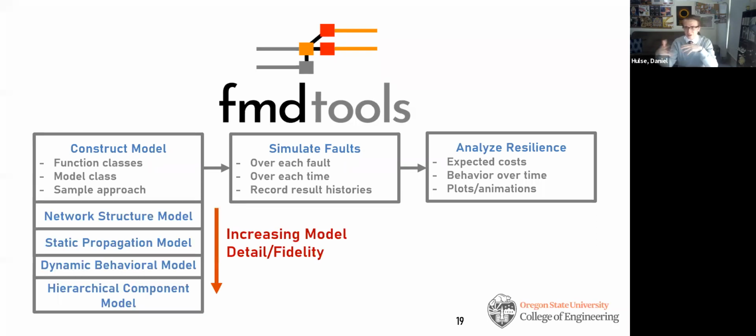One of the key features of this framework is that you can use different levels of design representation through the process, as they are appropriate. And so starting with a high level network structure all the way down to some hierarchical dynamic model of the system. And that lets you go through this early design process where the design may not be very detailed necessarily.